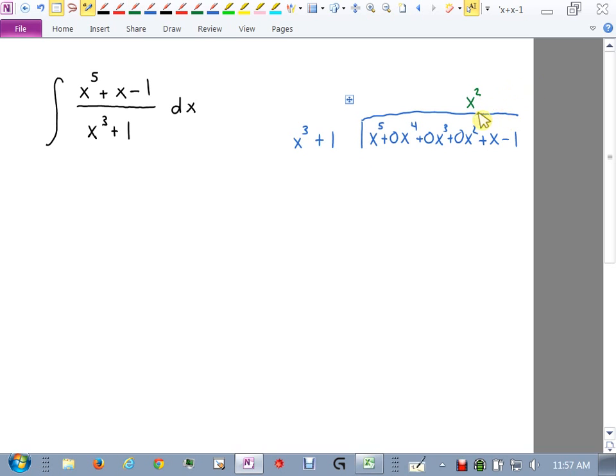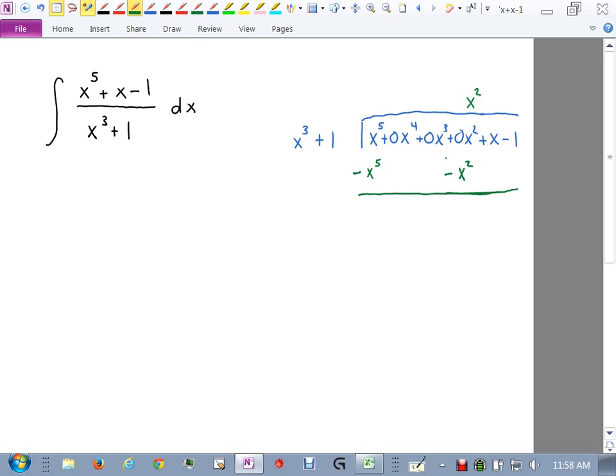You don't have to put the x squared above the x squared. That's just one of those things I've seen some instructors do, so I've started doing it so that students don't ask, hey, why didn't you line it up? Well, there, I lined it up for you. So x squared. Now I multiply x squared times x to the 3rd, you get x to the 5th. Multiply x squared times 1, you get x squared. Come through and subtract, right?